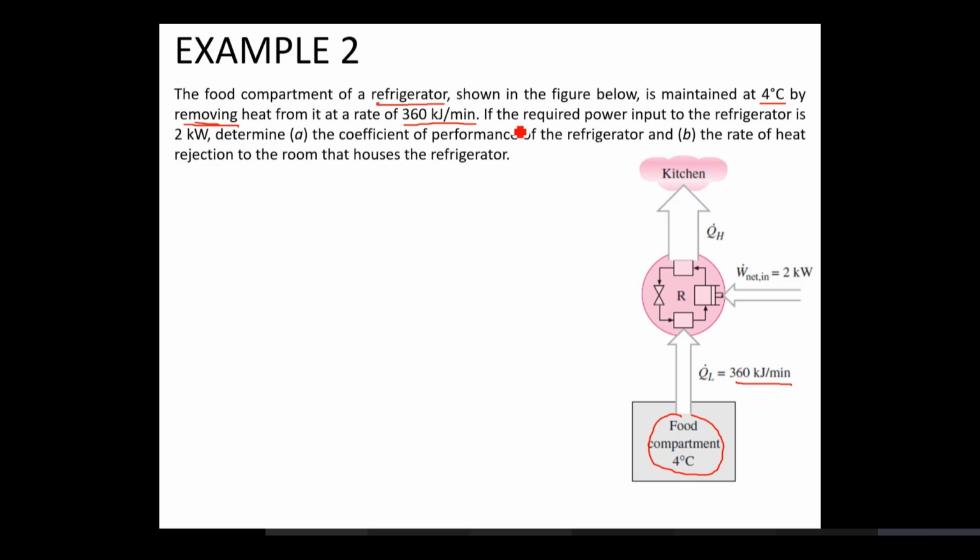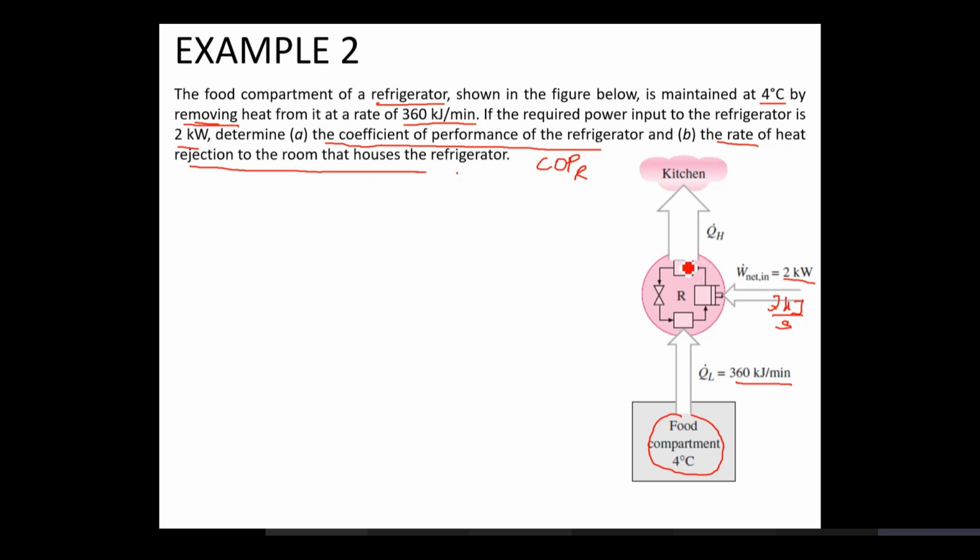It further says if the power input to the refrigerator is 2 kilowatts, so the rate of work input to the system is 2 kilowatt or 2 kilojoules per second. Now you have to determine first the coefficient of performance of the refrigerator, which is COPR, and second the rate at which the heat is rejected from the room to the house.